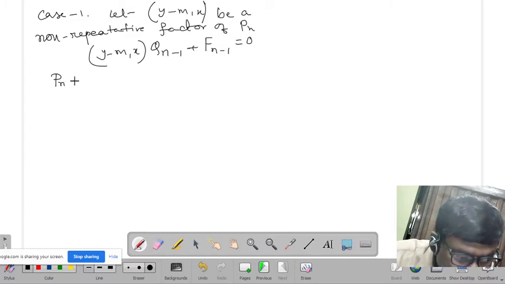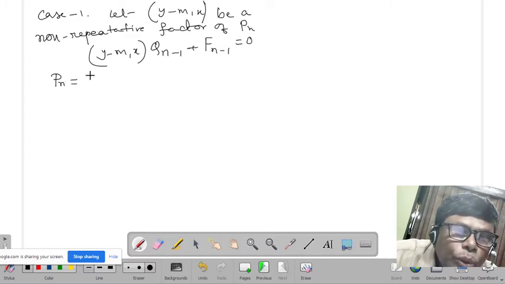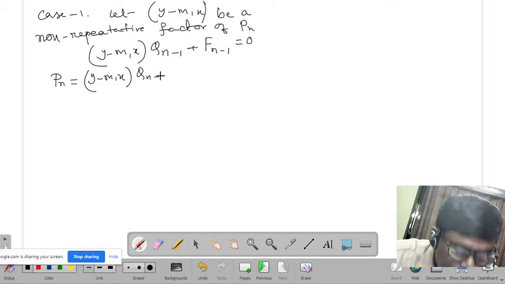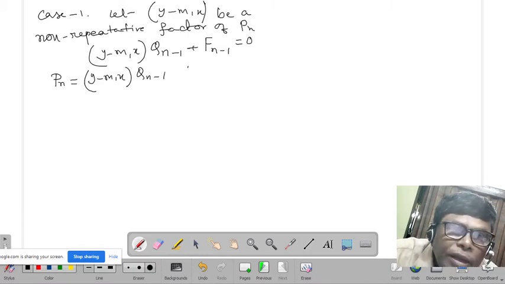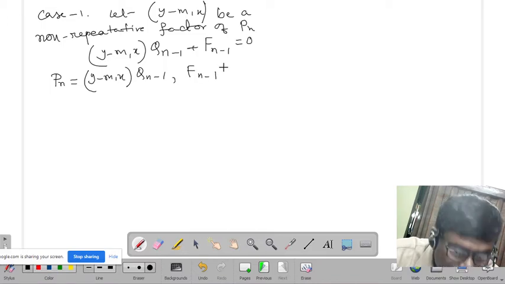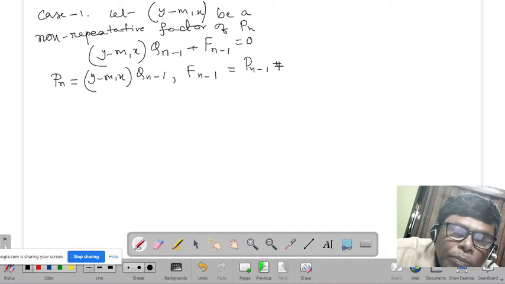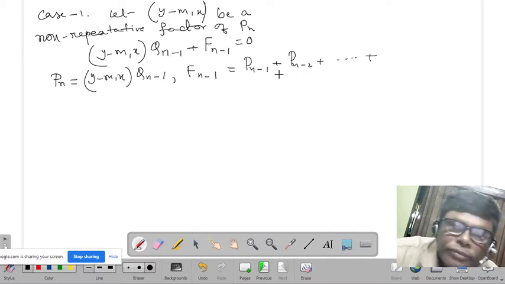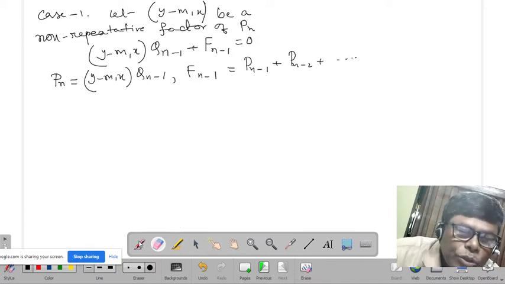Where Pn is equal to y minus m1x qn minus 1 and fn minus 1 is equal to pn minus 1 plus pn minus 2 plus dot dot dot and so on, the rest of the terms.